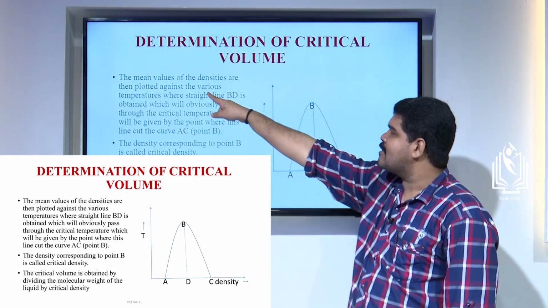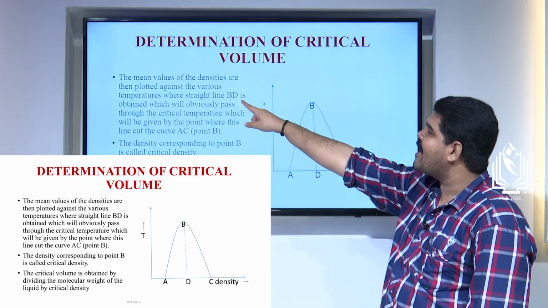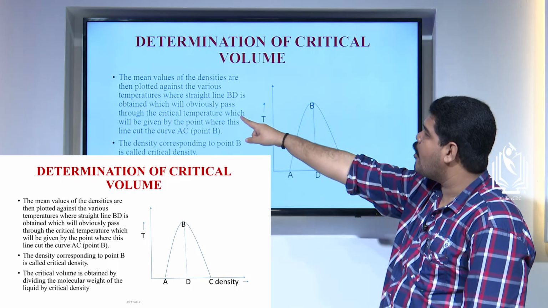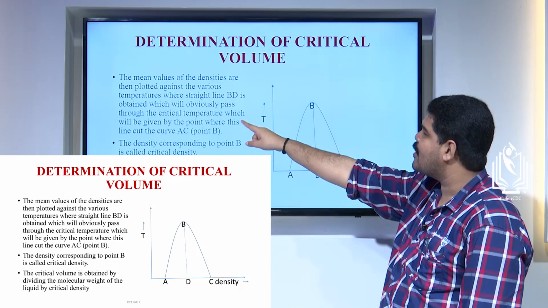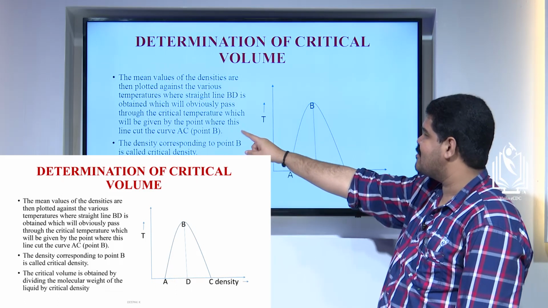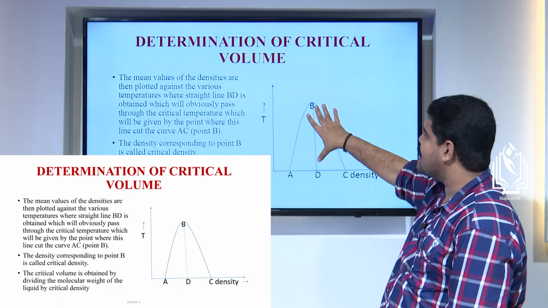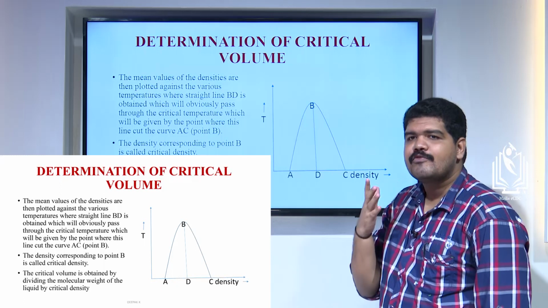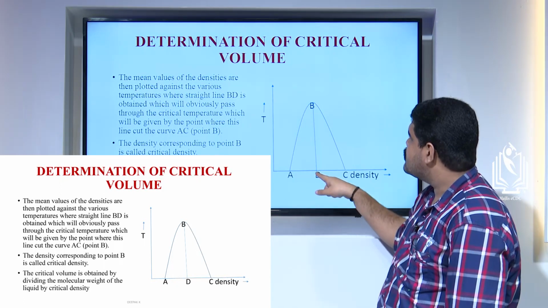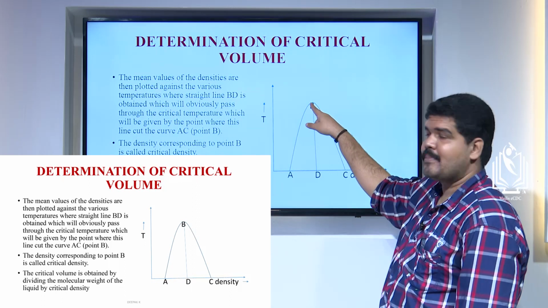The mean values of the densities are plotted against various temperatures, where a straight line BD is obtained, which will obviously pass through the critical temperature, given by the point where this line cuts the curve AC. So, this line is obtained by plotting the mean of the densities at different temperatures. This straight line will certainly pass through the critical temperature line.